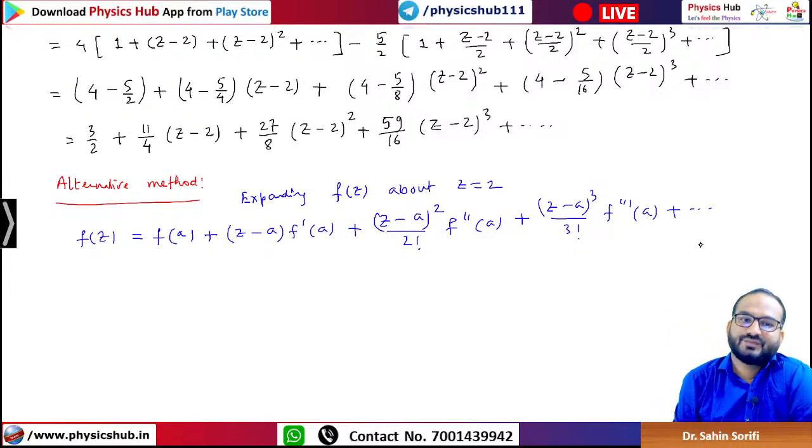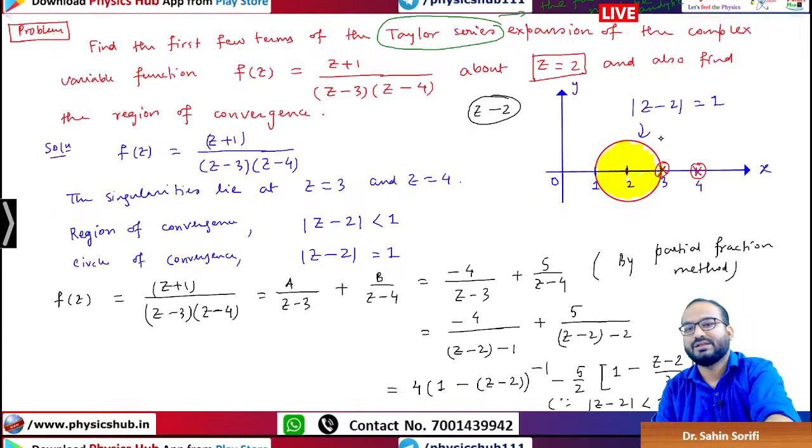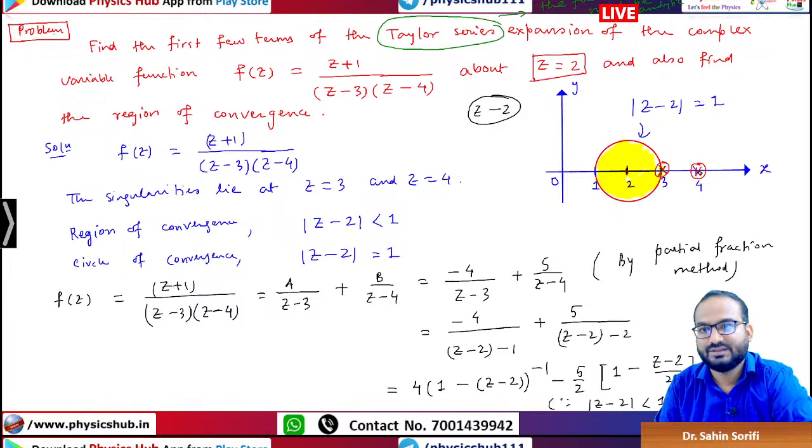You see, for Taylor series expansion, the function must be analytic. If at some point the function is not analytic, we have to exclude that. As you can see, the function is not analytic at z equals 3, z equals 4.